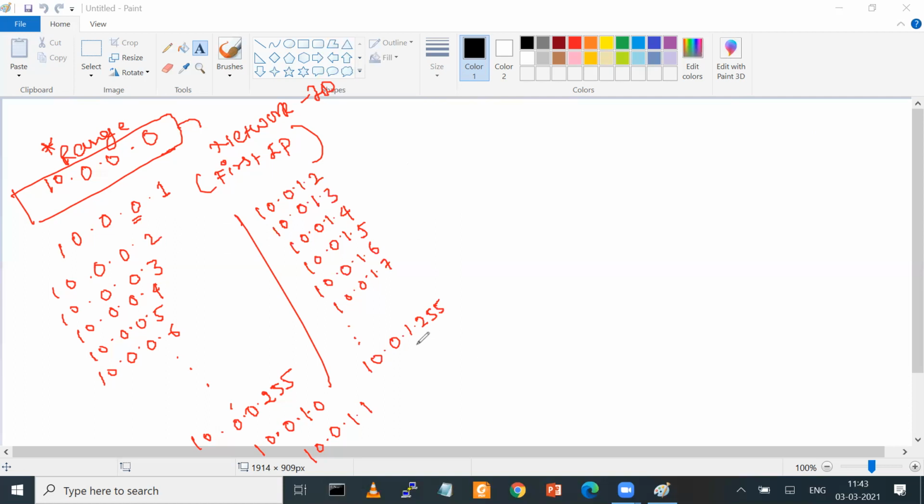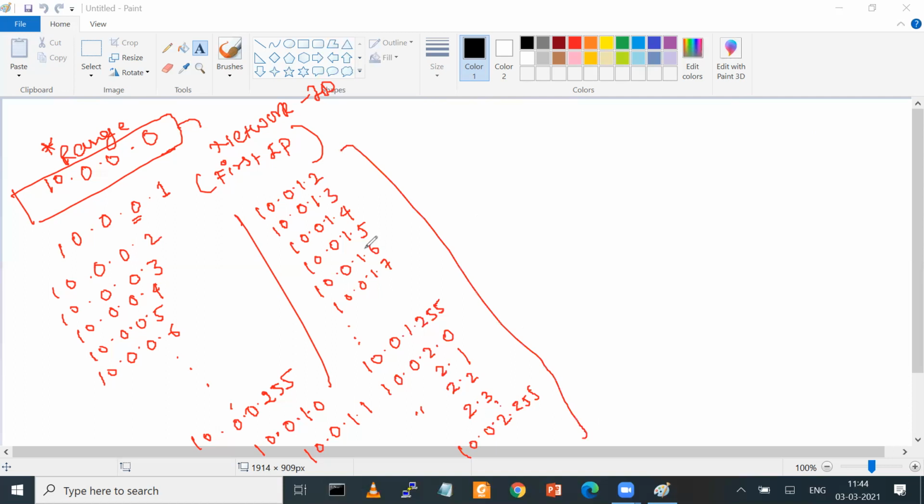Now it's again 255. Now it's time to change this number from 1 to 2, 2.0. Now it will move again with respect to 2, 2.2, 2.3. Now it again becomes 10.0.2.255.